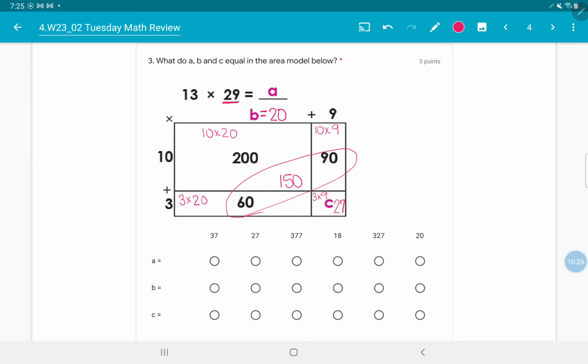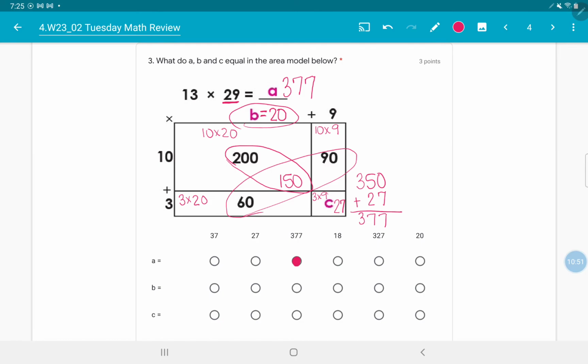If I put 200 and 150 together, that gets me 350. And we have 27 more, so that will be 377. A is 377. Oh, mark A, 377.